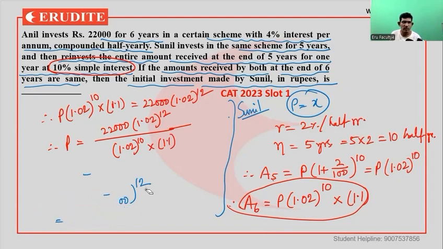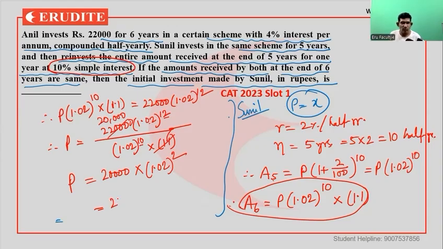Okay. So now if I do the basic calculations, if I take out the decimal, it will be 0 here. So divided by 11, it will be 20,000. 20,000 into 1.02 whole to the power 12 divided by whole to the power 10, which is simply 1.02 whole square. Now, if I use the calculator for this little tedious calculation, it will be 1.0404.